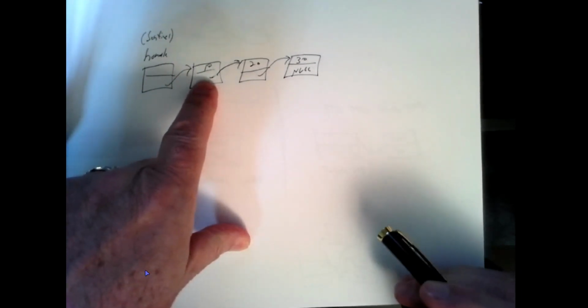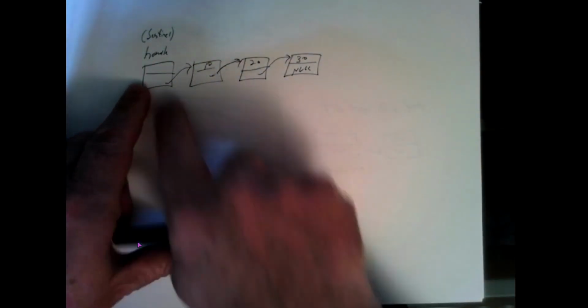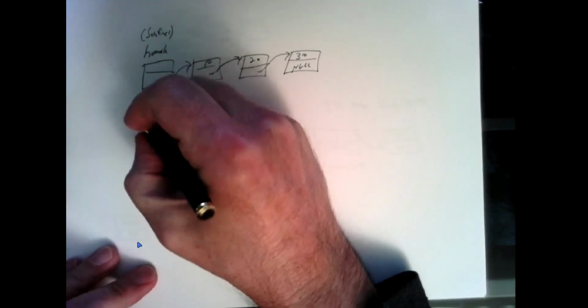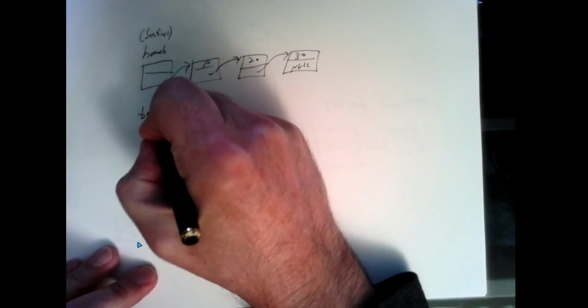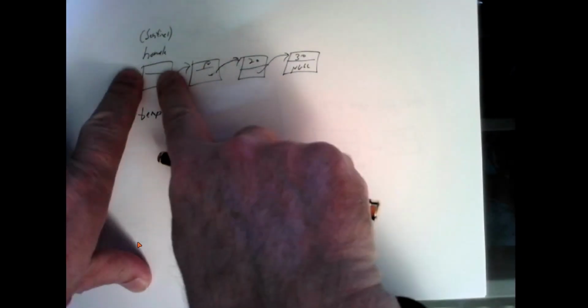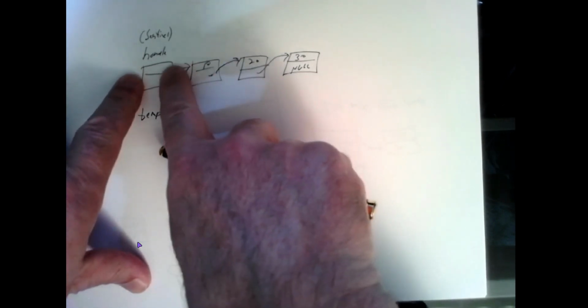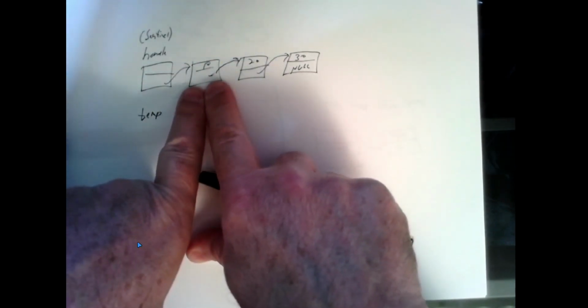Alright, so the first thing I want to print is 10. All I've got, the only argument I'm passing to my print function, is a pointer to this handle. So when I start my function, I can set temp equal to this handle. But I don't want to print this data field up here. That's my magic number 99999. I don't want to print that. I want to start by printing this node.